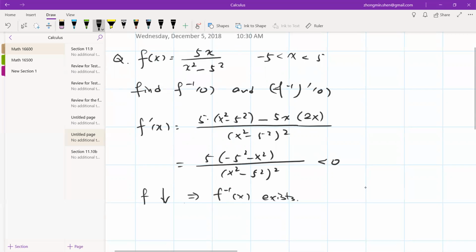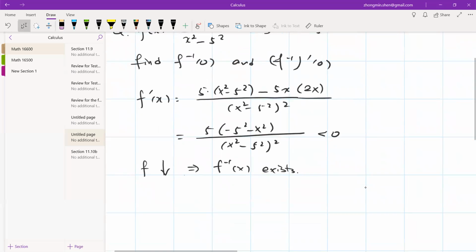We didn't ask you to prove that, but it's easy to make a simple observation. f of 0 is going to be 0. That implies the value of the inverse at 0 is still 0.